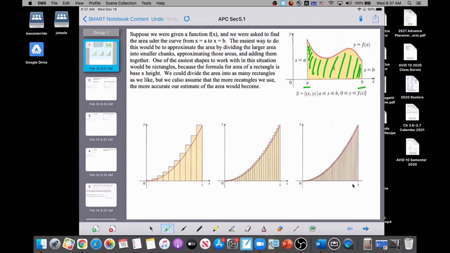Now, the difference between these three pictures is that obviously we are using more rectangles in picture number 2 and even more rectangles in picture number 3. And I'm sure that you can assume that our areas are going to become more and more accurate as we use more and more rectangles, because the overhang here on the top, the extra area, becomes less and less as we use more and more rectangles.